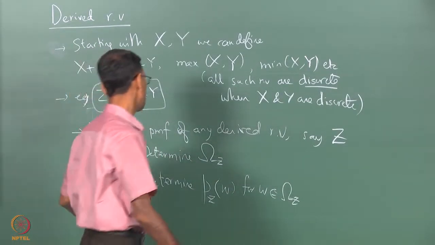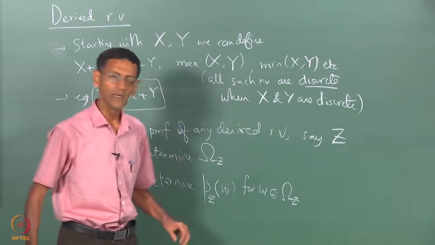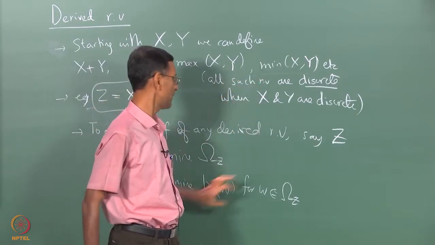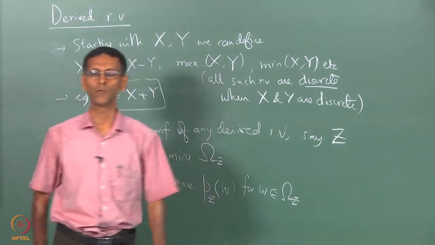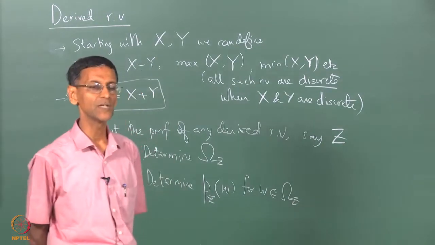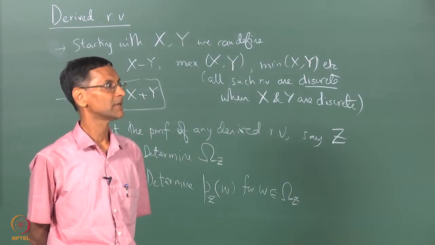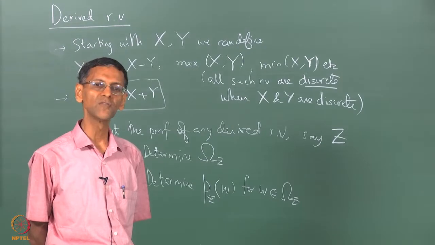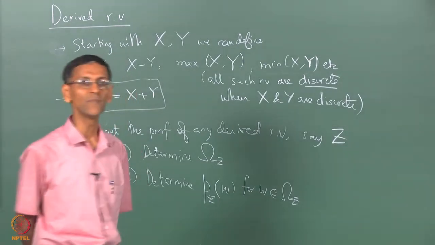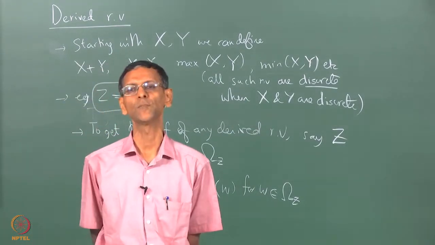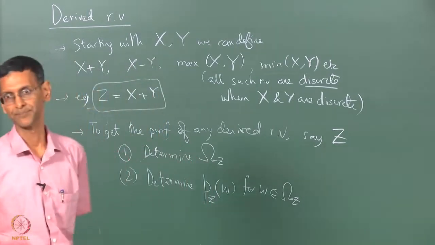The summations, if any, occur only when multiple points in omega xy map to that particular value of z. So why did we get a summation in the convolution case? The convolution summation came about because, when x and y are integer valued, you have many combinations of x and y which give you a particular integer value of z.